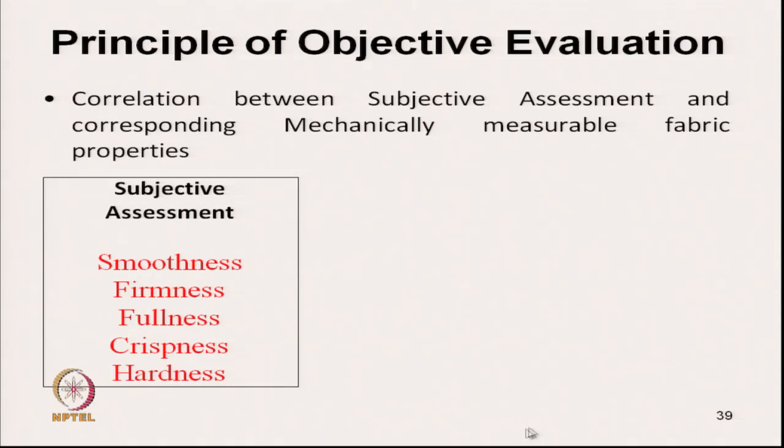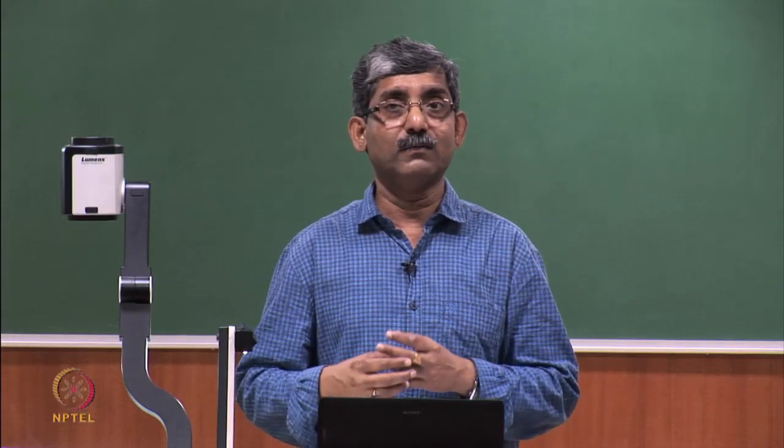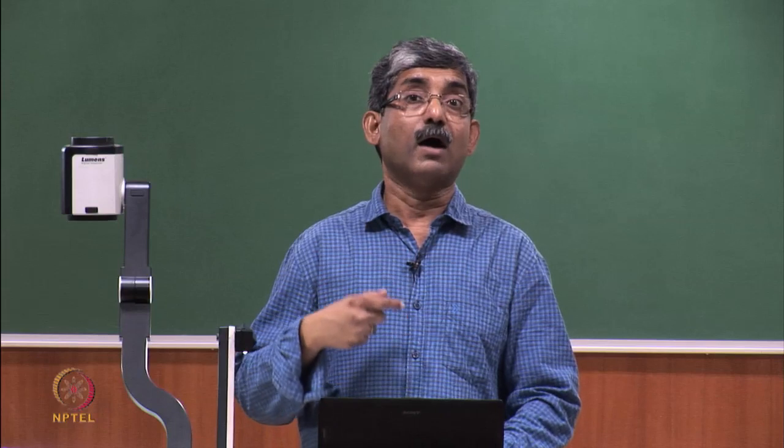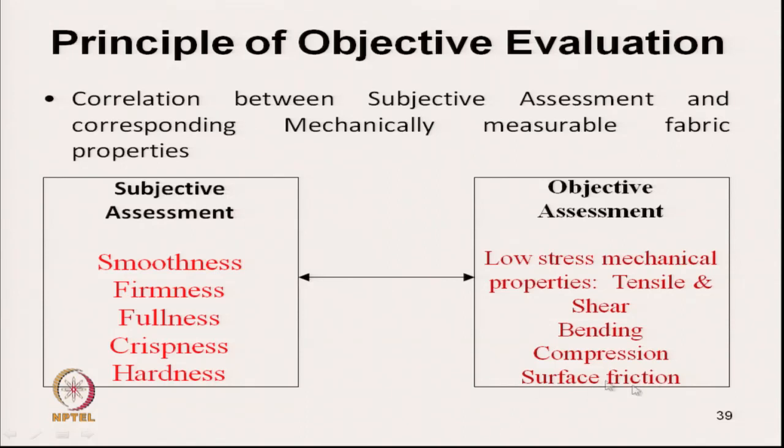These can be correlated with the objective assessments, the low stress mechanical properties of fabrics: tensile characteristics, shear characteristics, bending, compression and surface characteristics. High load is not applied; only low stress mechanical characteristics are evaluated here.